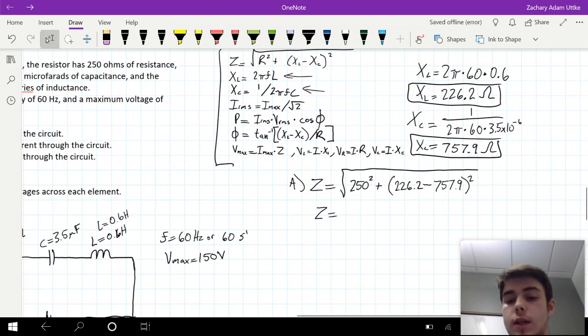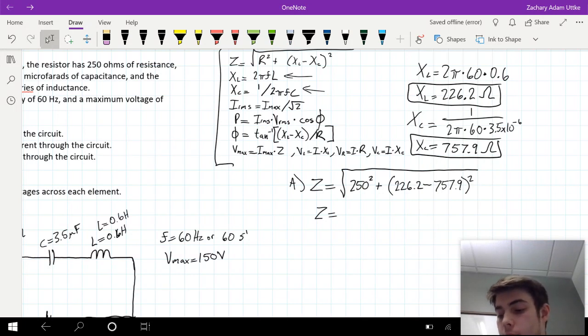We can keep typing this in. So 226.2 minus 757.9 gives us a negative value, but if we square it, we get a huge value. But if we take 250 squared plus that value, it gives us another huge value.